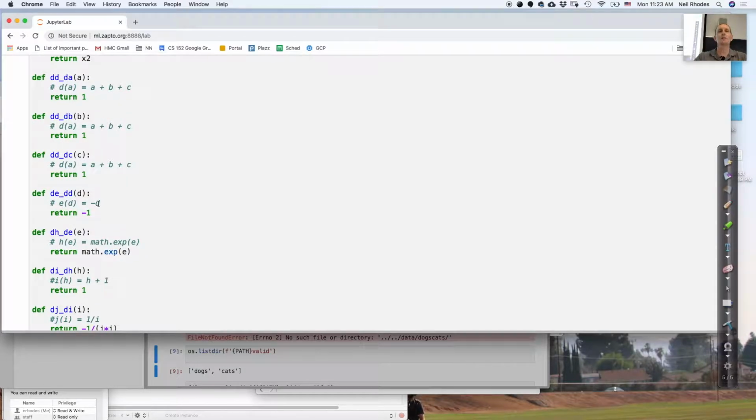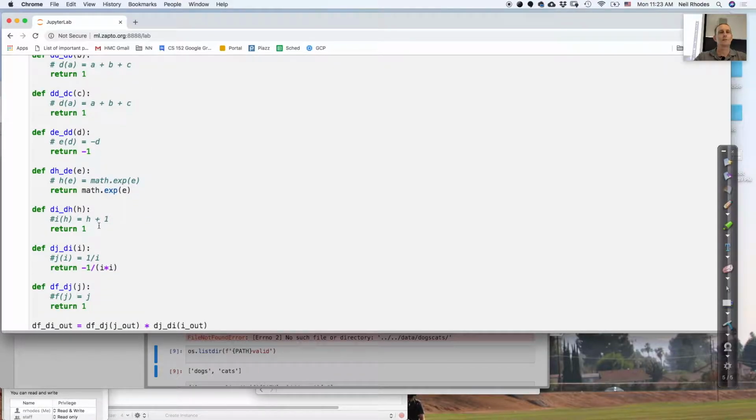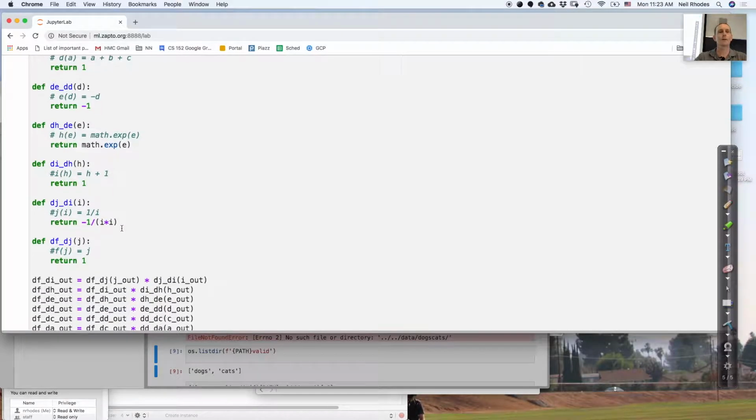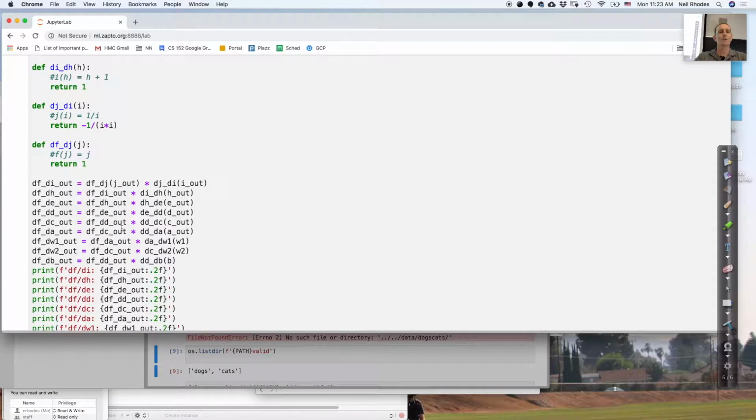E of d equals negative d, so dE dd is negative 1. J of I is 1 over I, so dJ di is negative 1 over I squared. Okay? And then we just kind of go ahead and calculate df di, then df dh, then df de and d and c and a, just working our way through.